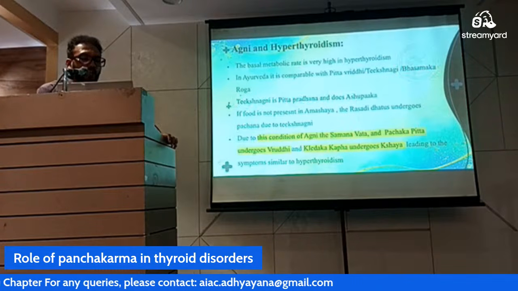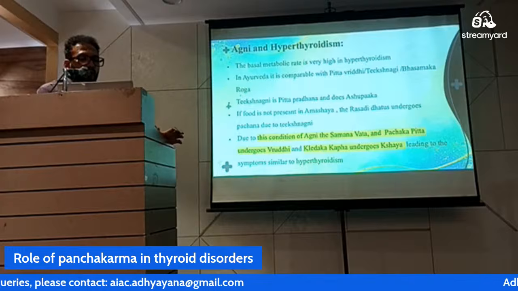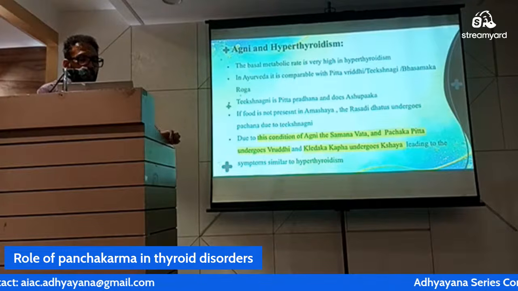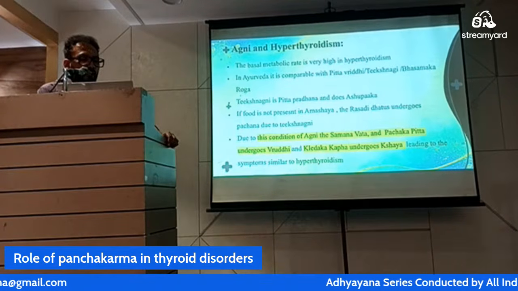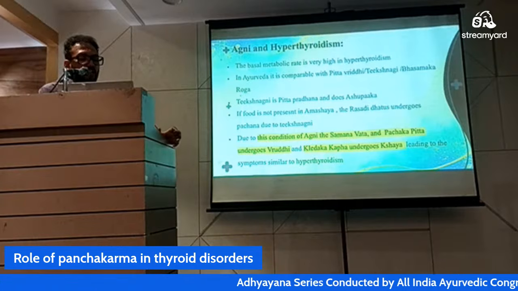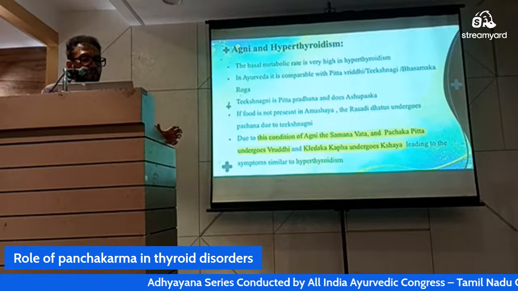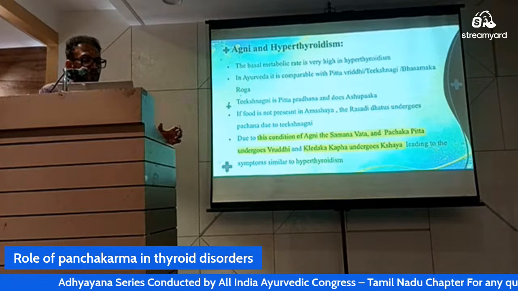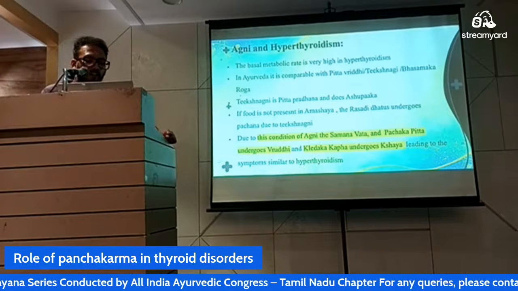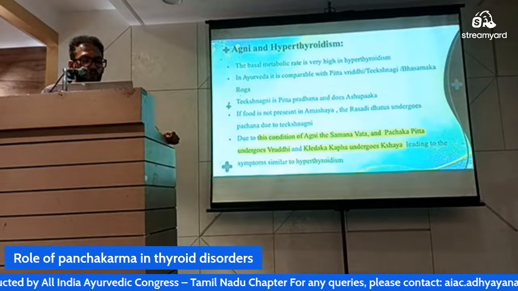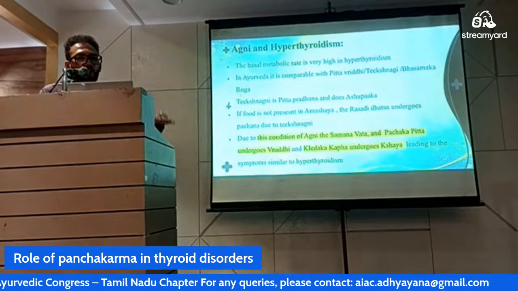So how is hyperthyroidism related? The basal metabolic rate is very high in hyperthyroidism. It could be correlated to the condition of Tikshnagni, which is Pitta Pradhana and does Ashupaka. Due to this condition, Samana Vata and Pachaka Pitta undergo Vriddhi and Kleda Kapha goes into Kshaya.